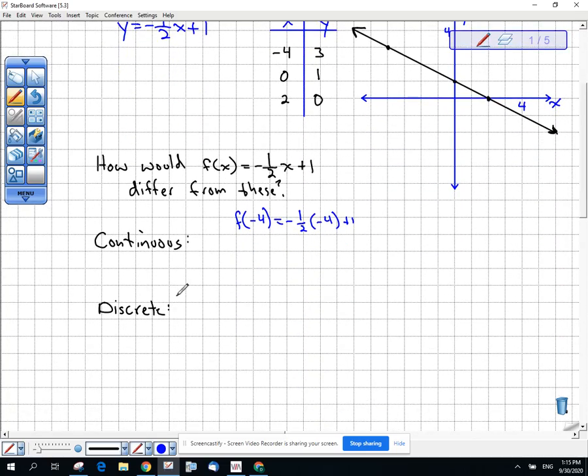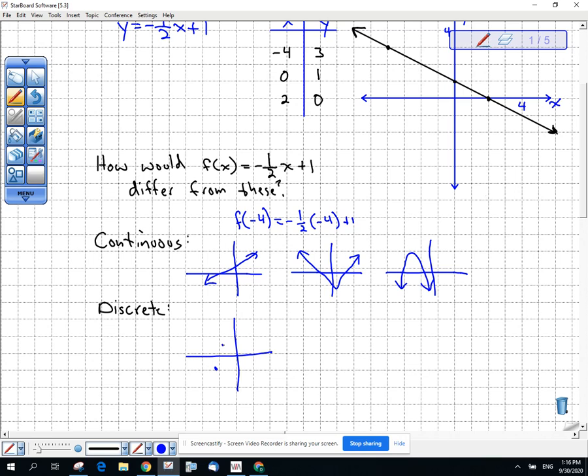Continuous and discrete. So continuous would be everything else that we've dealt with that you don't have to pick up your pencil and make a bunch of points. So continuous would just be a line that does this, or continuous would be an absolute value function that does something like this. Parabolas, I think we've seen very briefly. These are all continuous because I can just go like that and draw, right? Whereas discrete is more like a scatter plot.